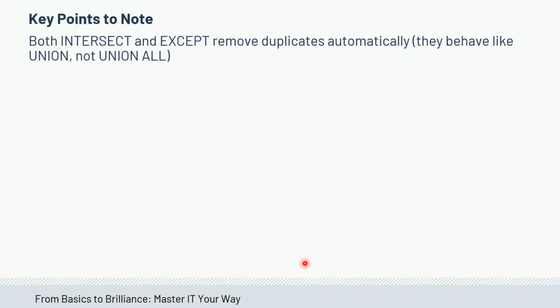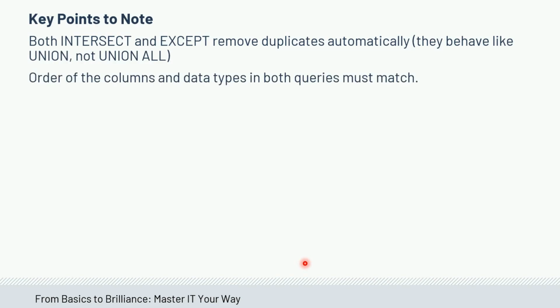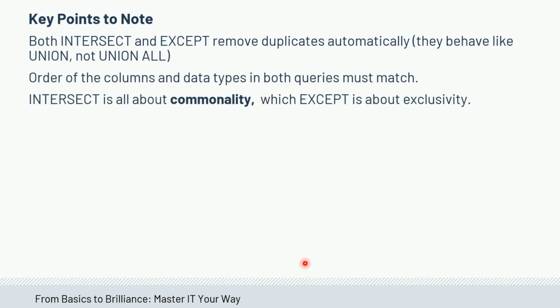Both INTERSECT and EXCEPT remove duplicates automatically, so they behave like UNION and not UNION ALL, which includes duplicates. The order of the columns and the data types in both queries must match. And INTERSECT is about commonality, while EXCEPT is about exclusivity.